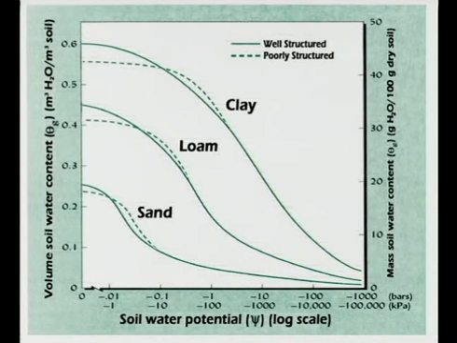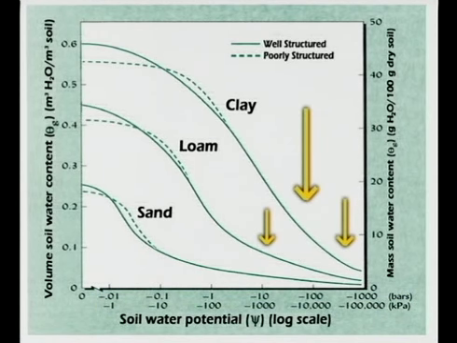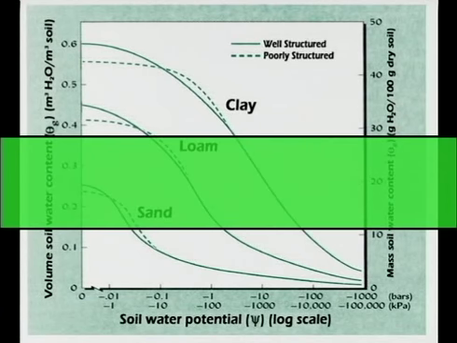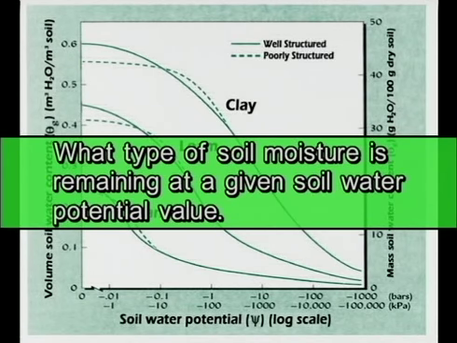In all cases, as soil water potential becomes a larger negative number, we are losing water content from the soil, regardless of whether it's coarse, medium, or fine textured soil. So the best thing we can use this graphic to illustrate is what type of soil moisture is remaining at a given soil water potential value.